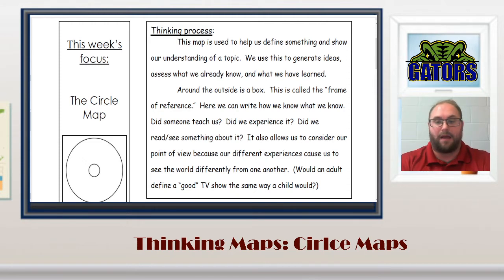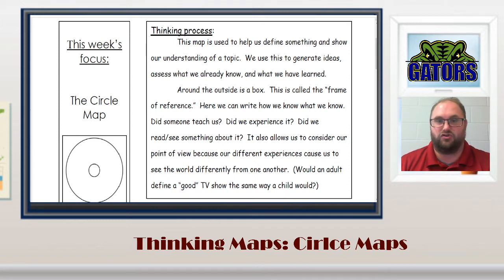So we're pulling from that prior knowledge, or from information that we've been taught, and placing it back in the circle map to collect information in one form. Around the outside of the box, this is called the frame of reference. And the frame of reference is where we write what we know.